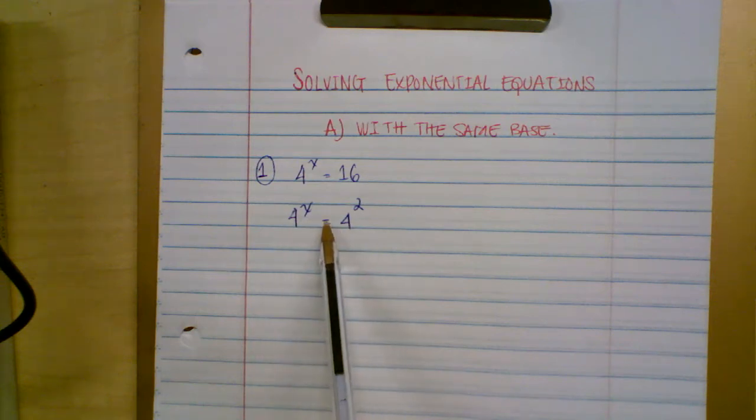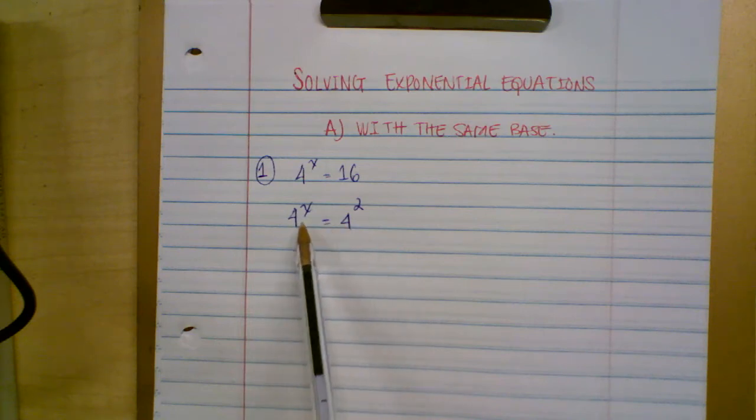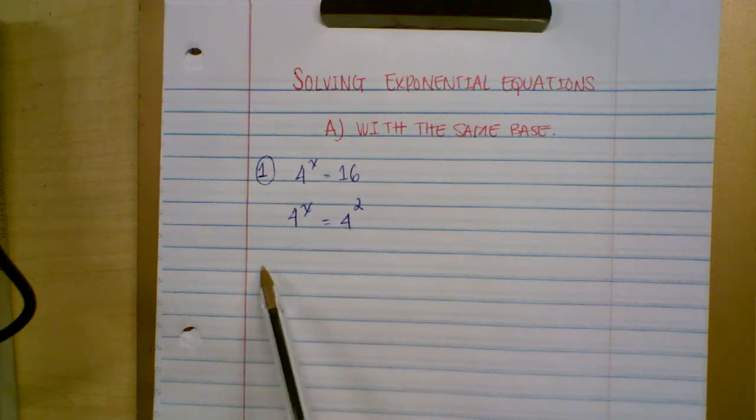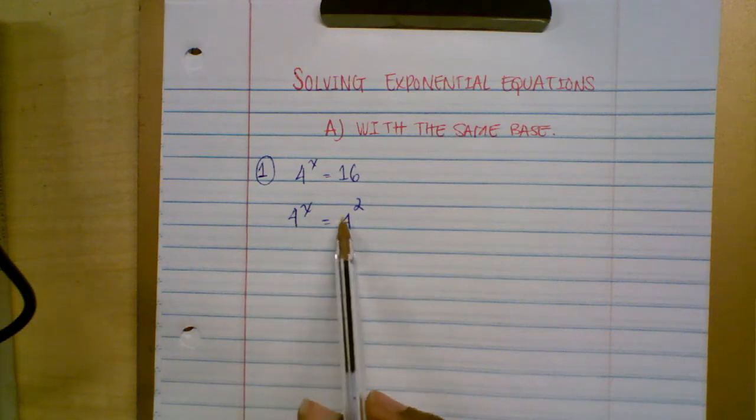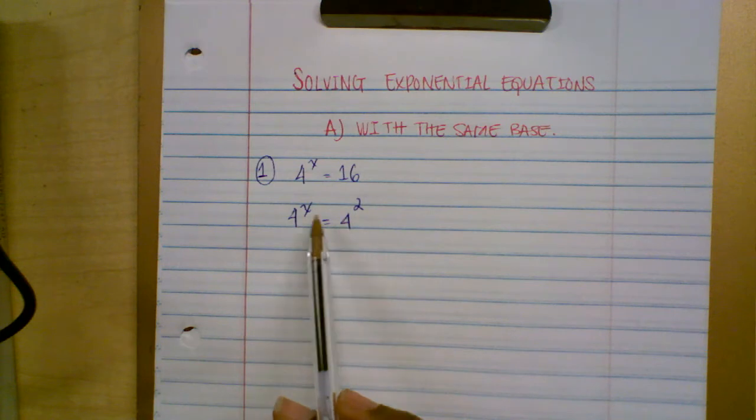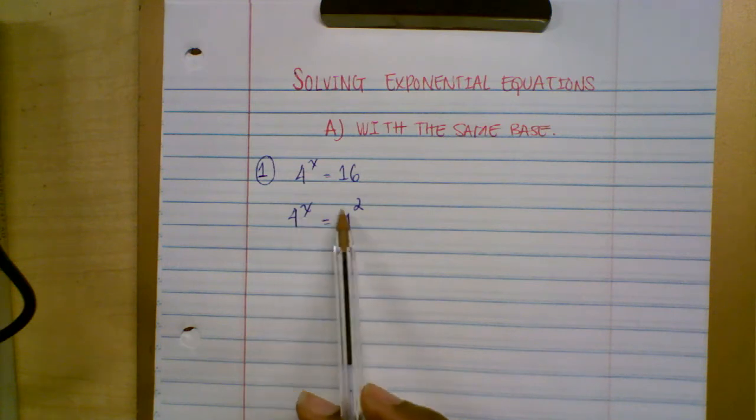Remember, the equal sign means the number on the left is equal to the number on the right. If the base is the same number, what else needs to be equal to each other? Since they already have the same base, which is 4, the exponents need to be equal to each other.